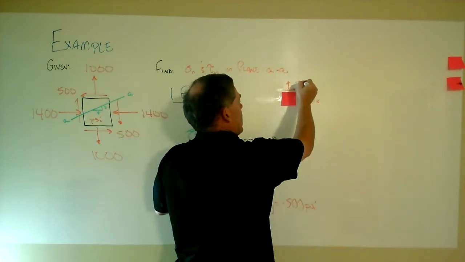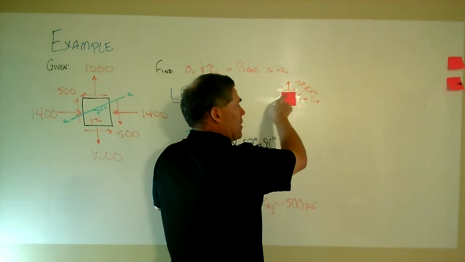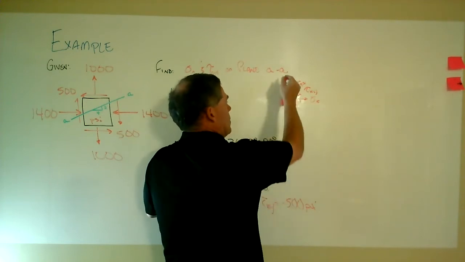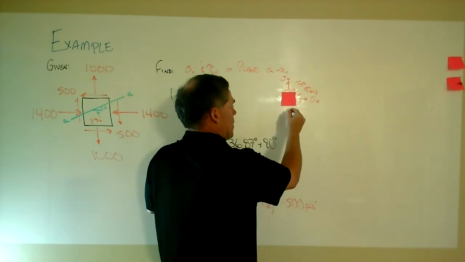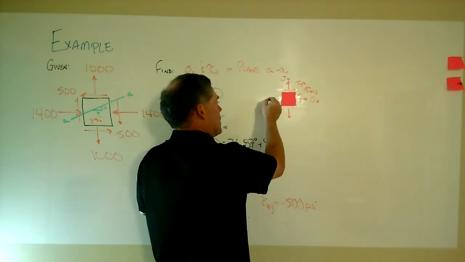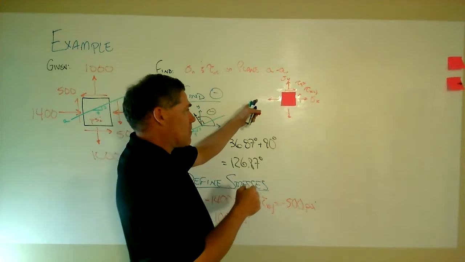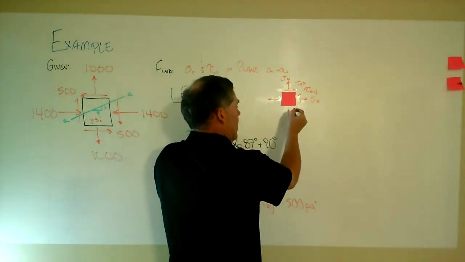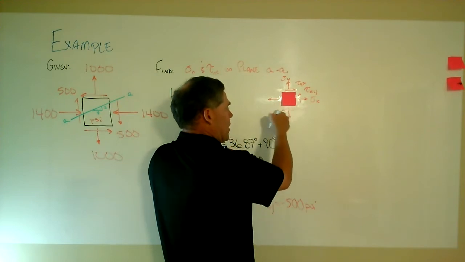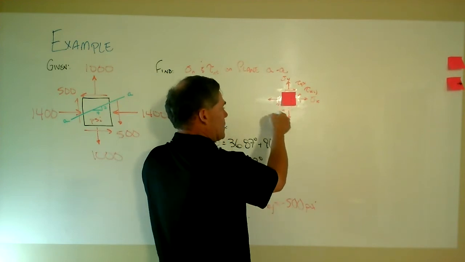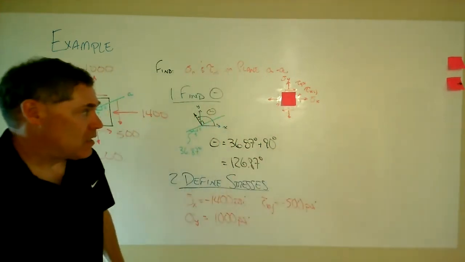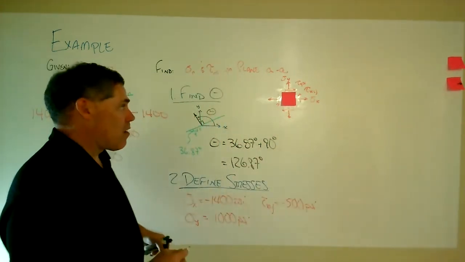For tau yx, on the positive y plane, going to the positive x, it goes that way. And there's your sigma y. Down on the other ones, these are the opposite ones, the negative global x direction and the negative global y direction. So we go from the negative y to the negative x to the negative y to get those all oriented in the correct directions as well.